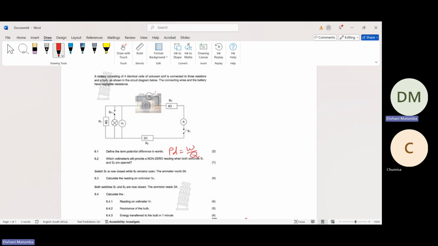Which one will produce a non-zero reading, V1 or V2? I think it's V1. V1 will give you a non-zero reading.